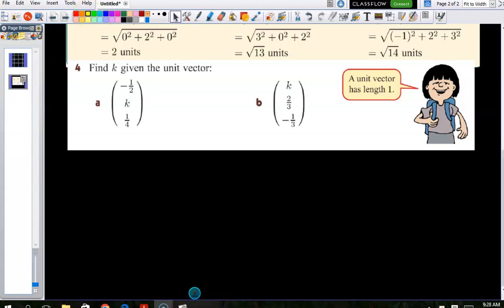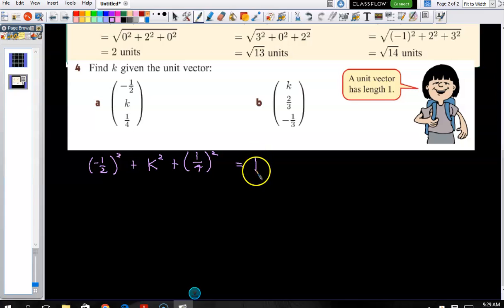Okay, so I know it's been a while since you did all this stuff, but find K given that this is a unit vector. So we would straight away go, right, minus a half squared plus K squared plus 1/4 squared. Now you could say all square rooted equals 1, or couldn't you just say equals 1 squared?